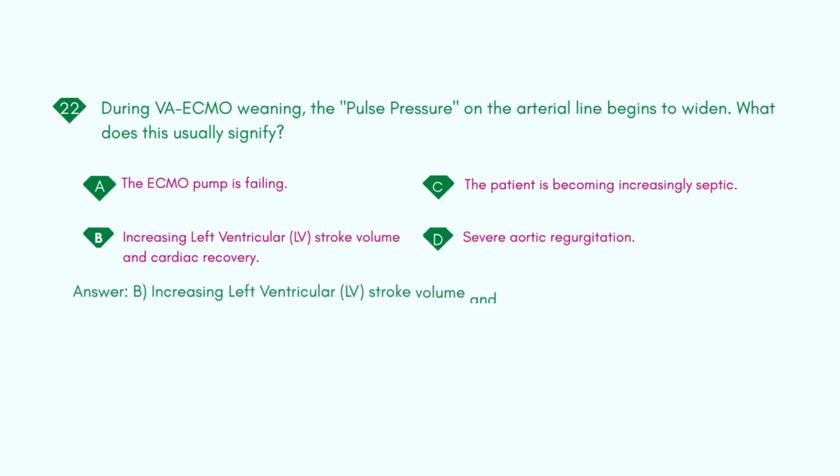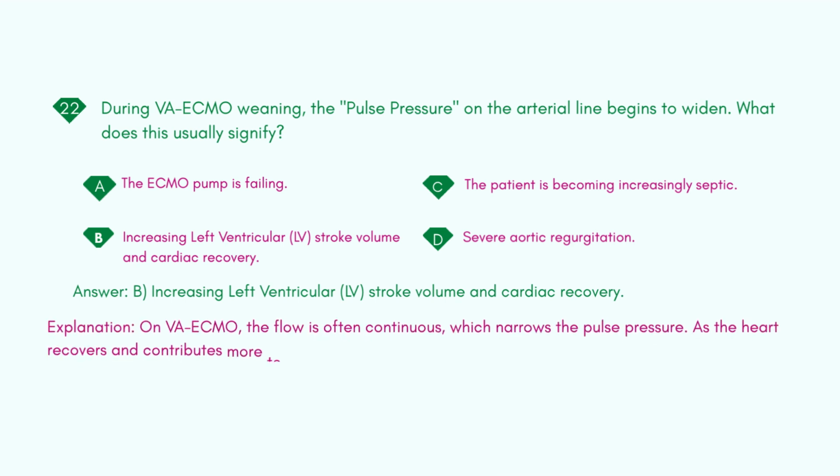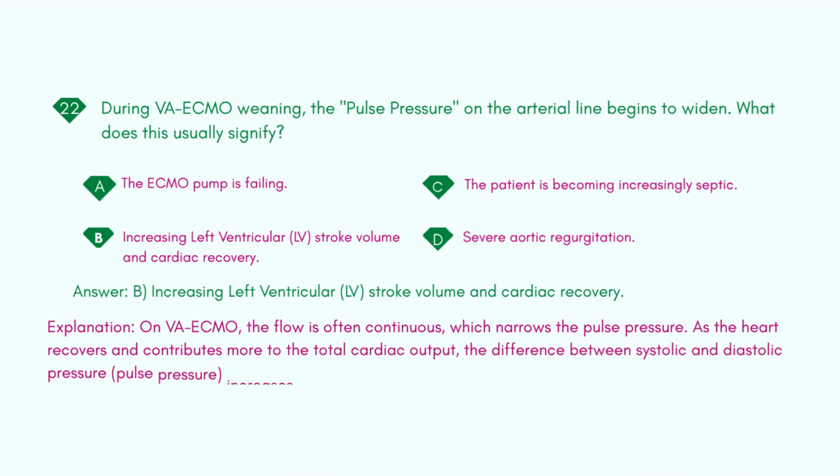Answer: B. Increasing left ventricular, LV, stroke volume and cardiac recovery. Explanation: on ECMO, the flow is often continuous, which narrows the pulse pressure. As the heart recovers and contributes more to the total cardiac output, the difference between systolic and diastolic pressure, pulse pressure, increases.